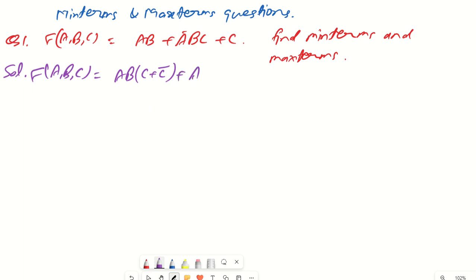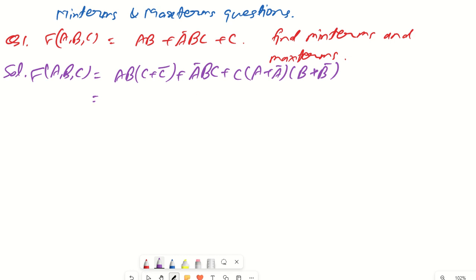Then the next term, A bar BC, has all the variables, so I don't have to worry about it. Plus in the last term C, what is missing? A is missing and B is missing. So I can multiply by A plus A bar and B plus B bar. This is how you get all three variables in each of the terms.